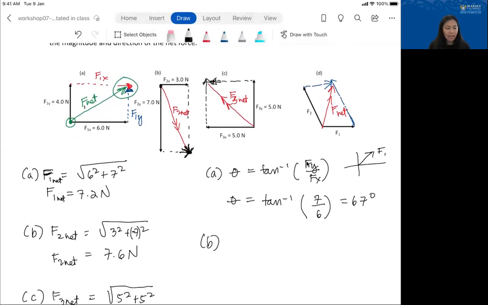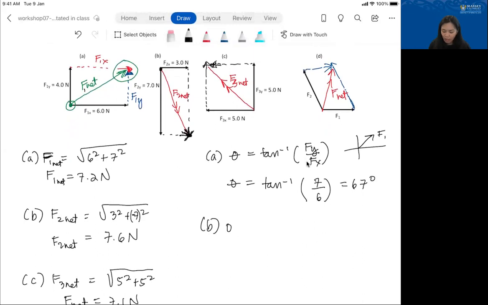For the second case, you do the same calculation. So that will be arctangent of the y component, which is, where are we? Second case, 7 divided by 3. Oh, I think I did the wrong one. Yeah, arctangent of 7 divided by 3 for question B. That should give you 67 degrees.